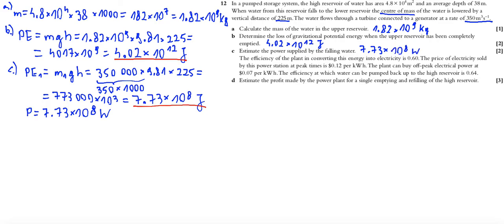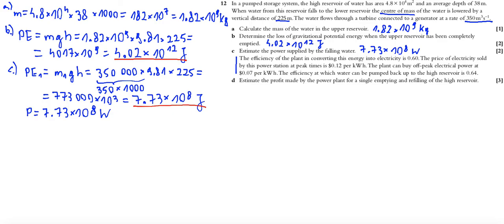Okay, and the last but the longest, this. The efficiency of the plant in converting this energy into electricity is 60%. The price of electricity sold by this power station at peak times is 0.12 per kilowatt hour, and the plant can buy off peak electrical power at 0.07 per kilowatt hour.